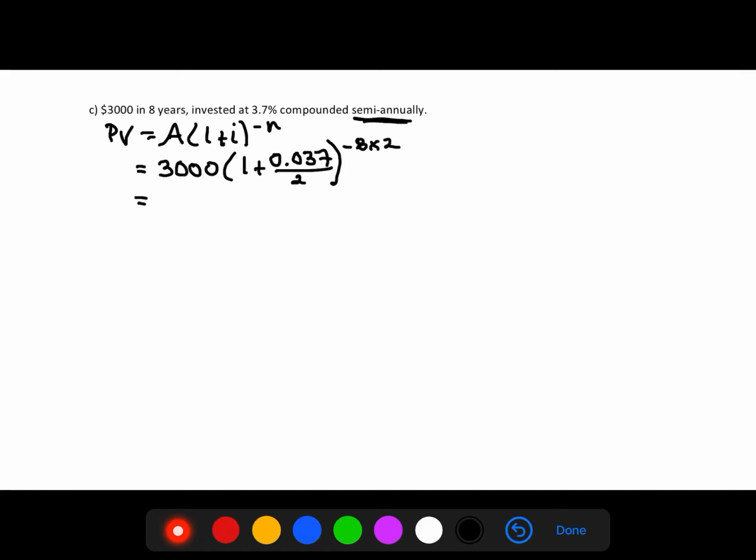We're going to calculate interest on that 16 times, twice a year for 8 years. And again, 0.037 isn't going to round into a nice round decimal necessarily. So we're going to put it into our calculators. 0.037 divided by 2 equals, plus 1 equals, to the power of negative 16 equals, and multiply by 3,000.